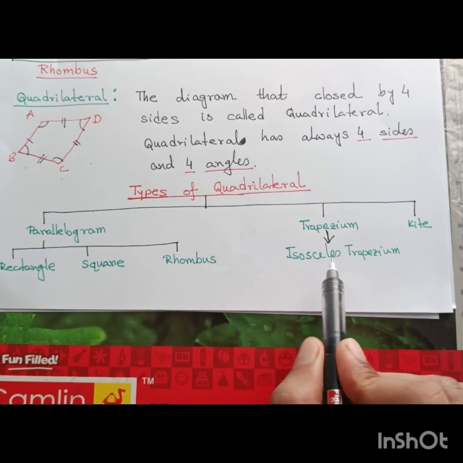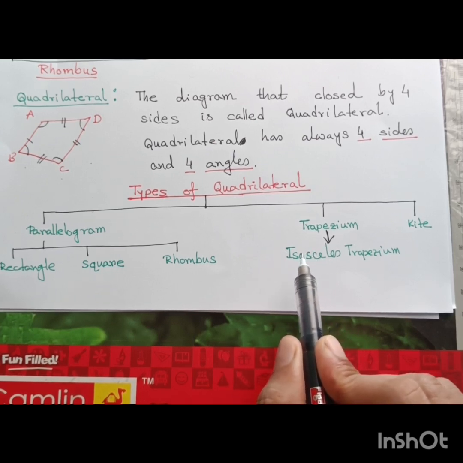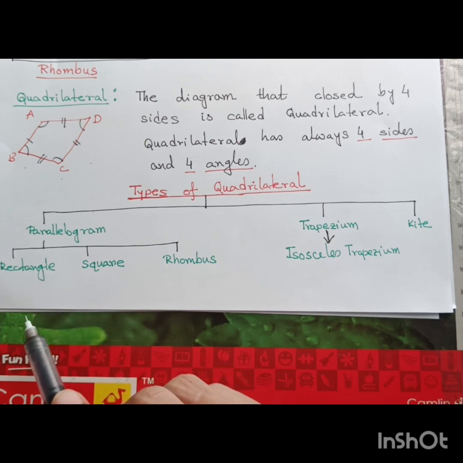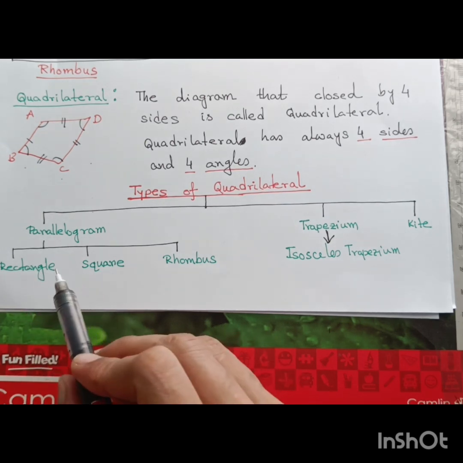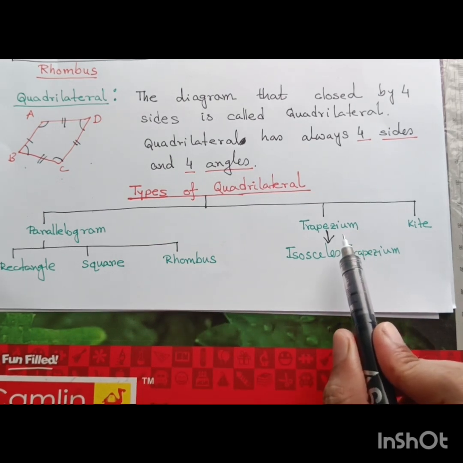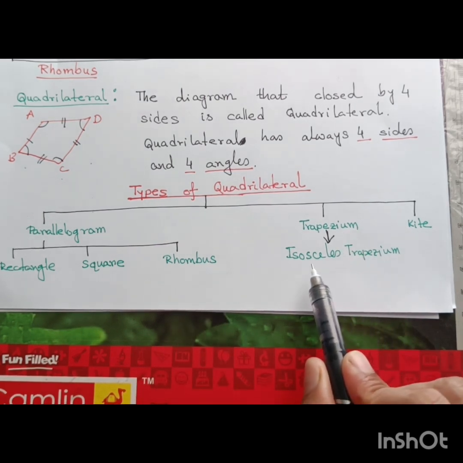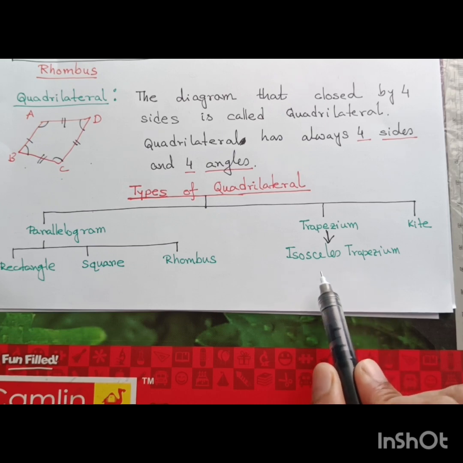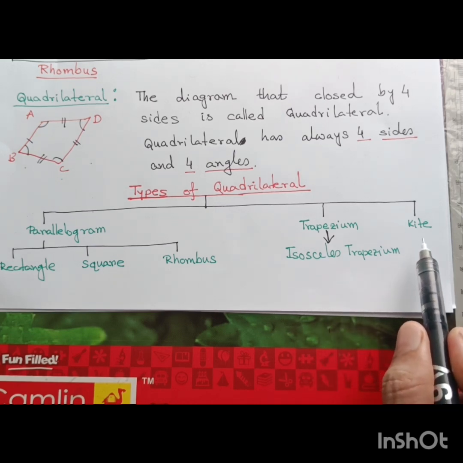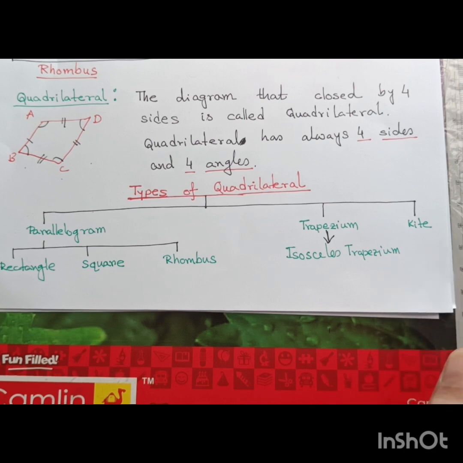These three are the main categories of quadrilateral, and parallelogram has three special cases: rectangle, square and rhombus. Trapezium has one special case, isosceles trapezium, and kite is another type of quadrilateral.